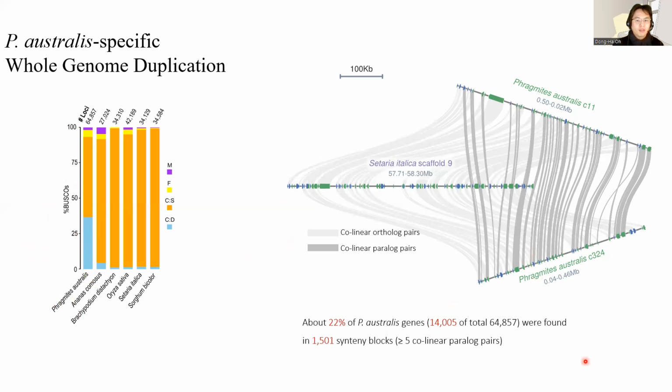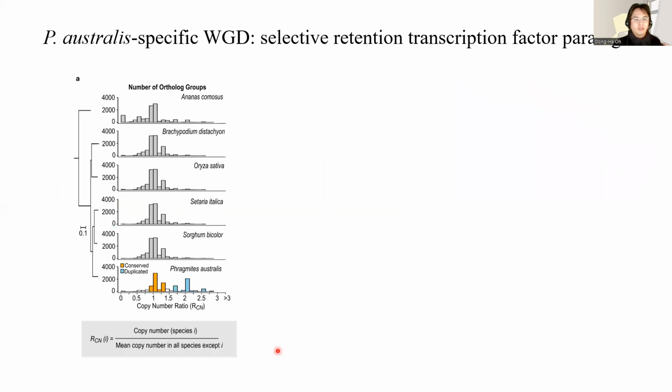So now the next question is, what are these genes that are duplicated? What are the ones that the Phragmites genome feels it is beneficial to keep duplicated?